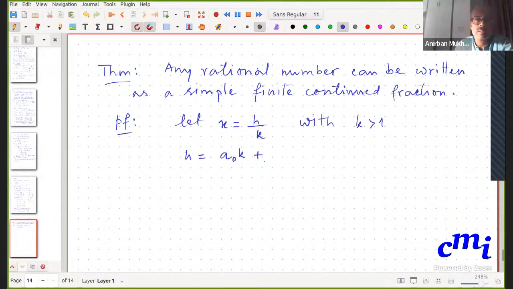I just want to use the same notation, so a naught k plus k1, and 0 less than or equal to k1, k1 strictly less than k. So this is just by Euclidean division.